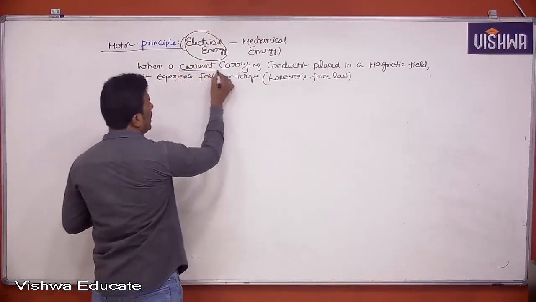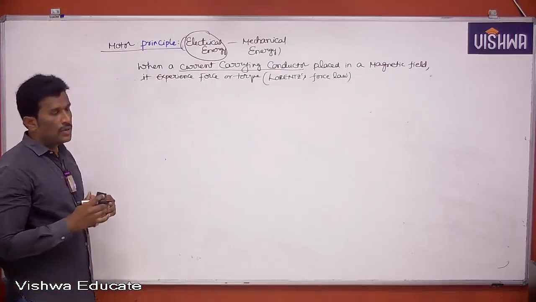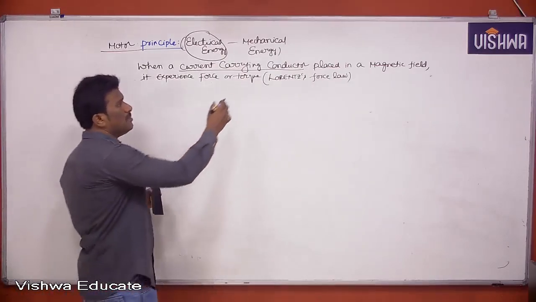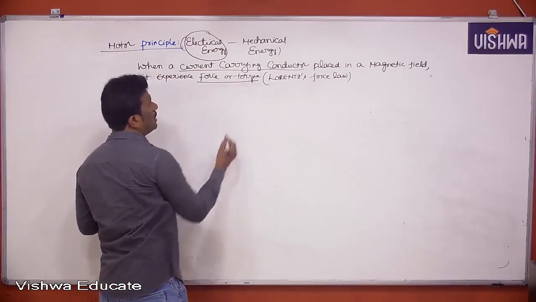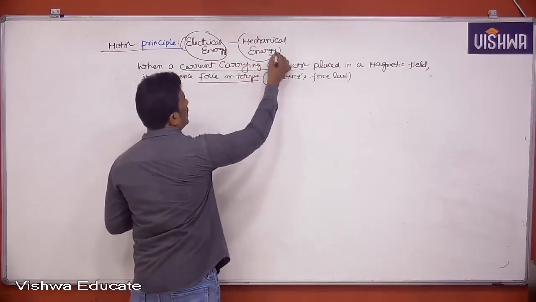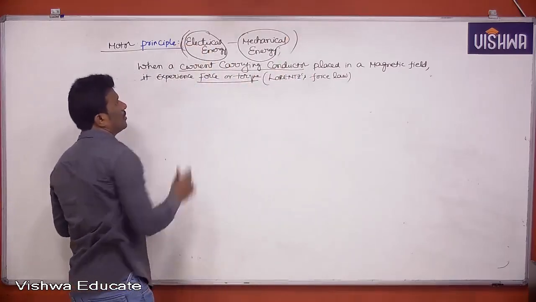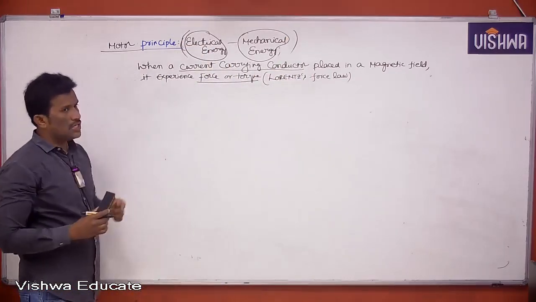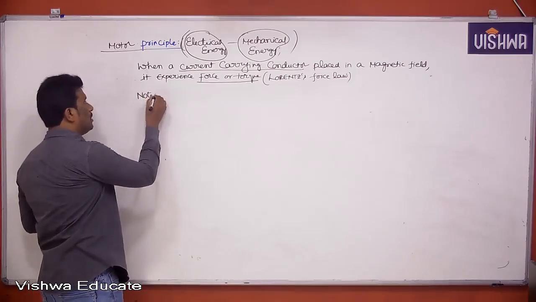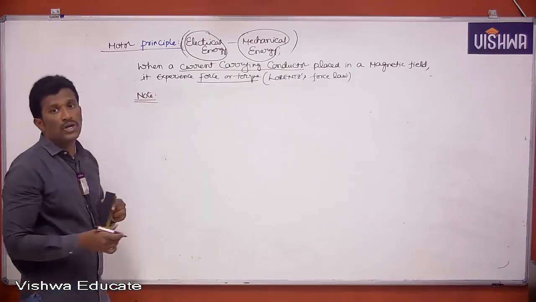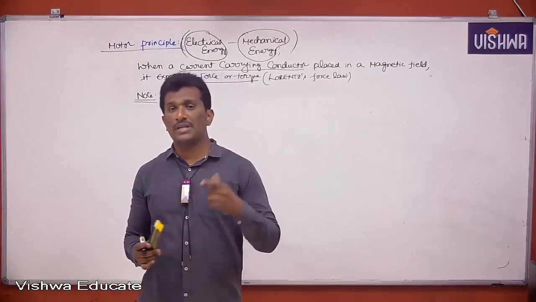Here the current carrying conductor indicates electrical energy. Placed in a magnetic field, it experiences force or torque, which indicates mechanical energy. So this is your Lorentz force law. And here you should understand one thing: whatever force is experienced because of motor action is given by Fleming's left hand rule.